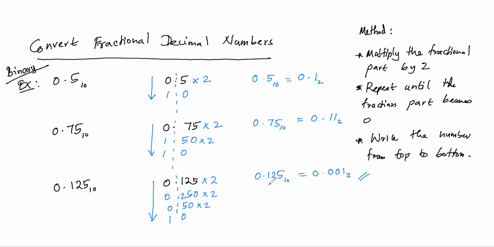So 0.125 in base 10 is equal to 0.001 in base 2. So the method is multiplying the fraction part by 2, and you repeat this step until the fractional part becomes 0. Then write the numbers which do not belong to the fractional part from top to bottom.